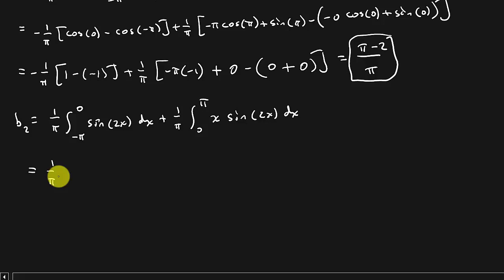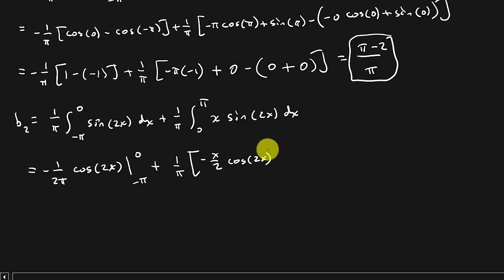And I'm going to go ahead and write out what we would get when we integrate this thing. So when we integrate that, that's going to be negative 1 over 2 pi cosine 2x, from negative pi to 0, plus 1 over pi times, and then when we integrate this using parts, we're going to get negative x over 2 cosine 2x plus 1/4 sine 2x, and that's going to go from 0 to pi.